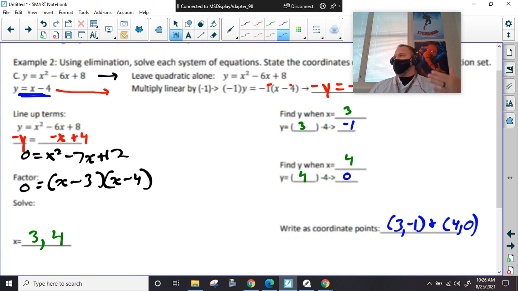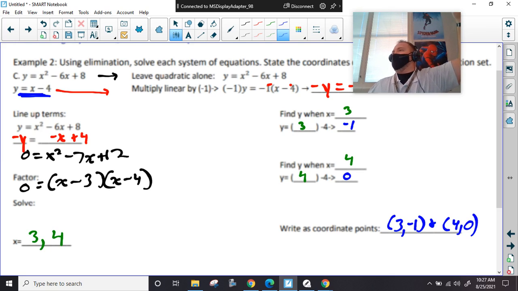You could have done the same problem with substitution. This is just a different way. It's kind of like having directions to get somewhere. Like if I say we're having a class party, we're going to go to Crickets and get some wings and stuff.